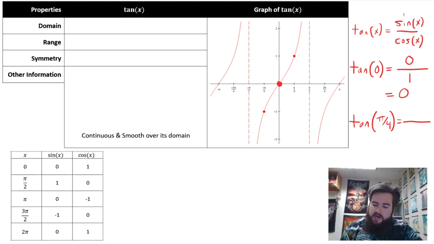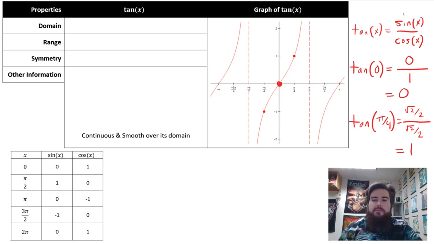And that is otherwise known as sine of pi over 4, or square root of 2 over 2, divided by cosine of pi over 4, which is square root of 2 over 2 again. That means that tangent at pi over 4 is just 1.